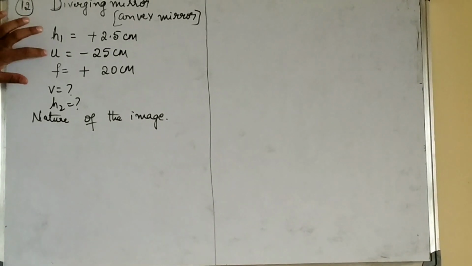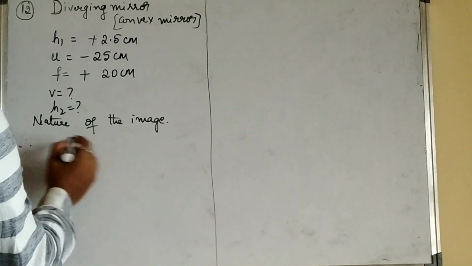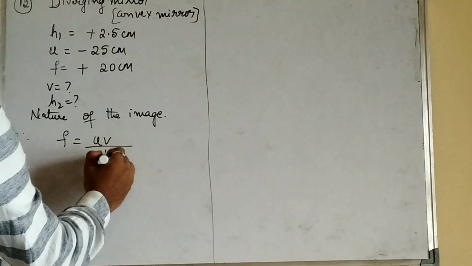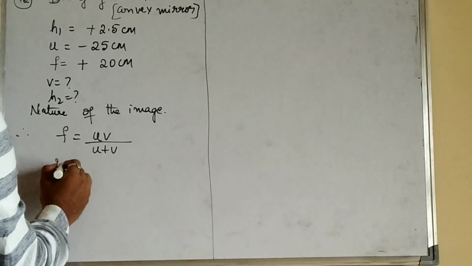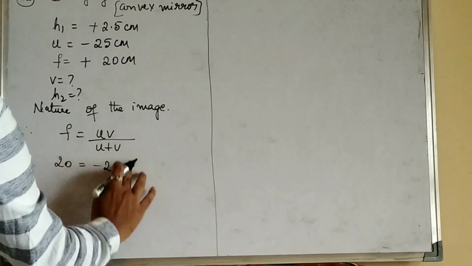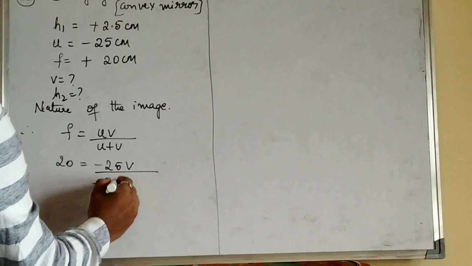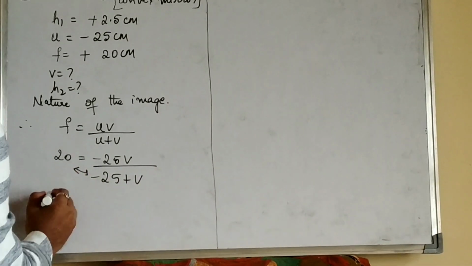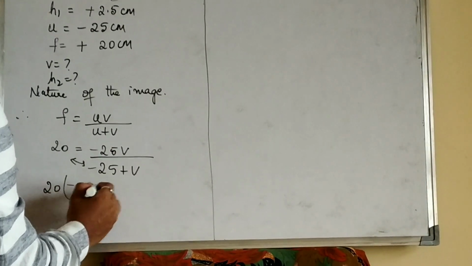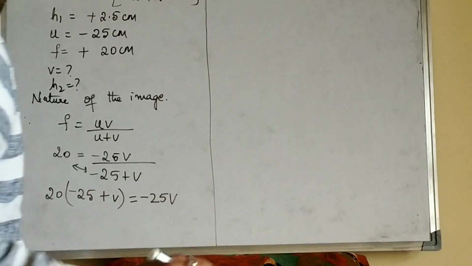Now, you have u and you have f. So you can find out v using the modified mirror formula, f is equal to product by sum, uv by u plus v. f is 20 is equal to u is minus 25 into v, you don't know what is v, you have to find out the image distance, divided by minus 25 plus v. Cross multiply it. 20 into minus 25 plus v is equal to minus 25v.